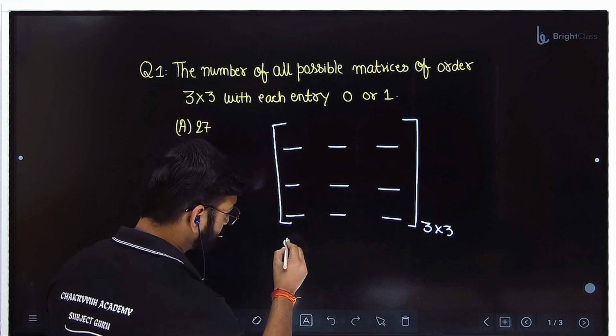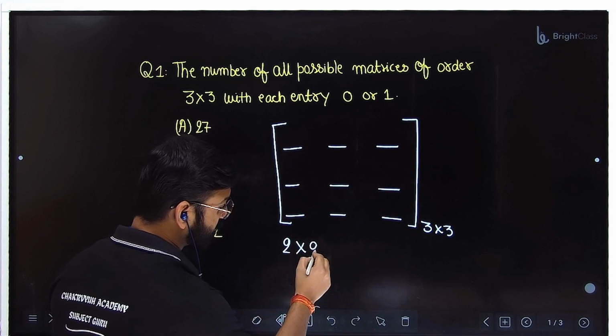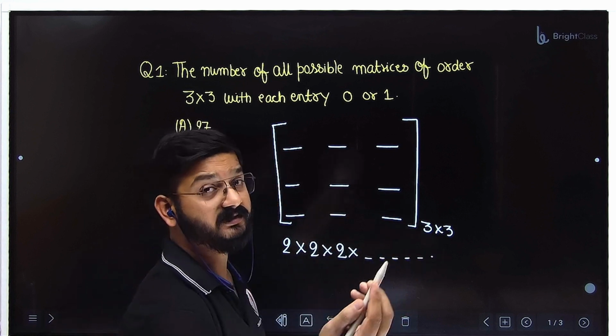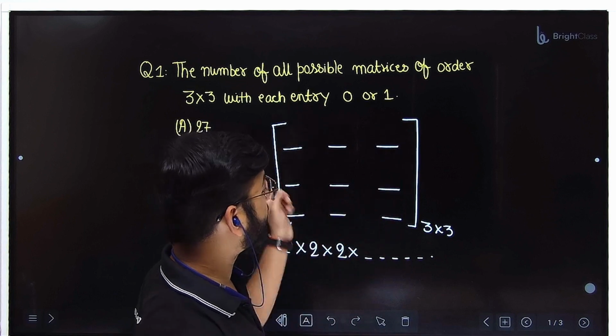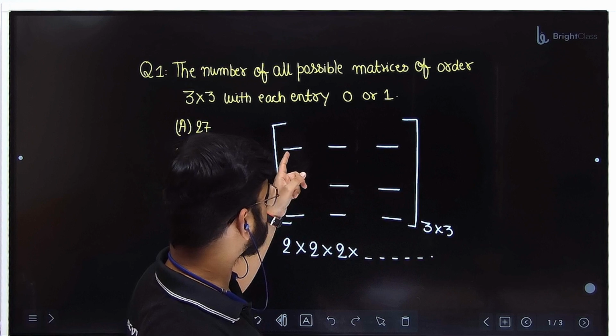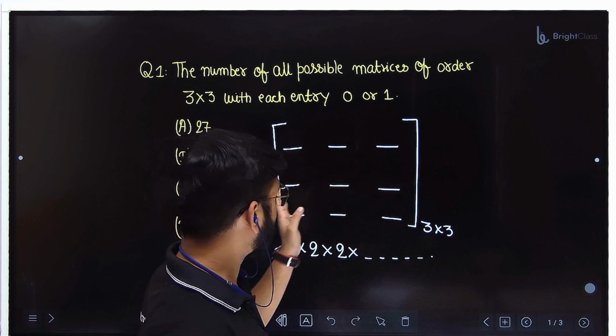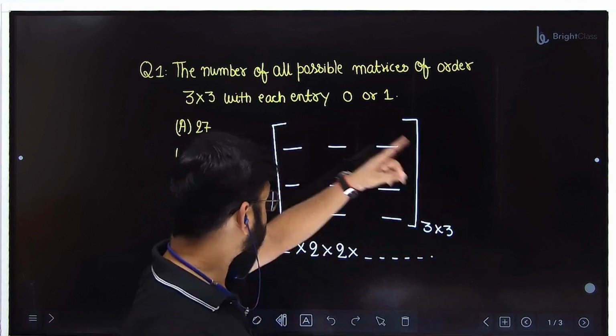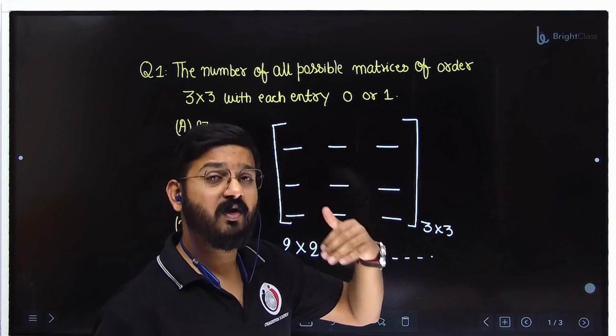So for the first place, two possibilities. For the second place, two possibilities. For the third place, two possibilities. And it will continue how many times? 9 times, because there are a total of 9 free spaces here. So you can put either 0 or 1 here, and it continues for all 9 places. So every entry in this matrix can be either 0 or 1.